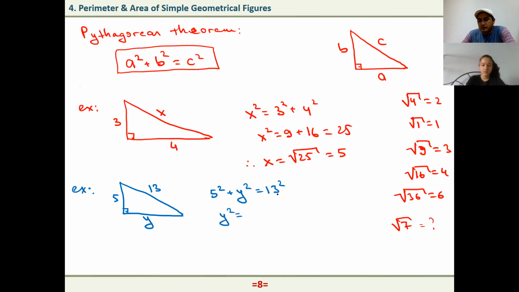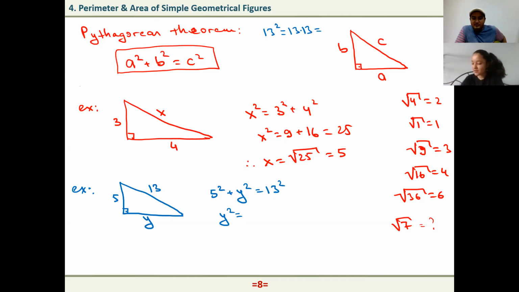What is 13 squared? 13 squared, Shahina. 13 squared means 13 times 13. Can you check with your calculator?